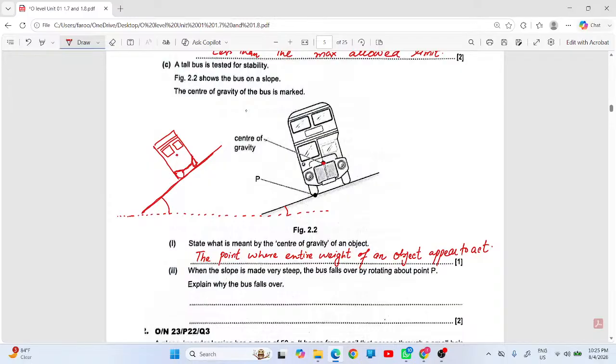No, its center of gravity will be now out of the base. यहाँ पे देखें center of gravity is within the base. मतलब the line of center of gravity ये दो टायर्स के दरमियान में ही है.